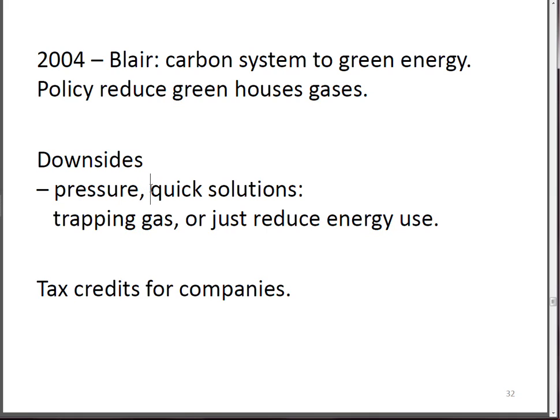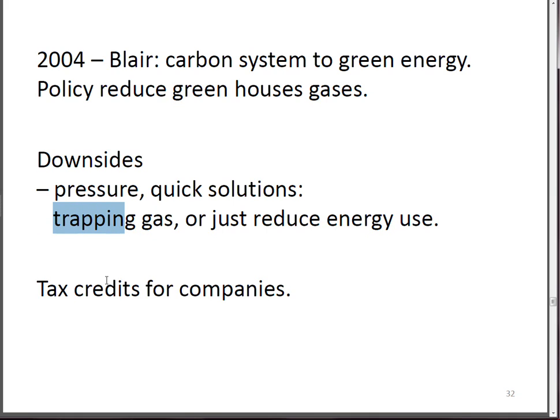Unfortunately, there were many quick solutions, mainly trapping gas, or just saying you have to reduce the use of energy, so you have to shut things off and use less energy. So that was the downside of this policy around those years. You had to do quick and immediate solutions, and unfortunately we're quite good in the UK with quick solutions, but they're not good for the long term.